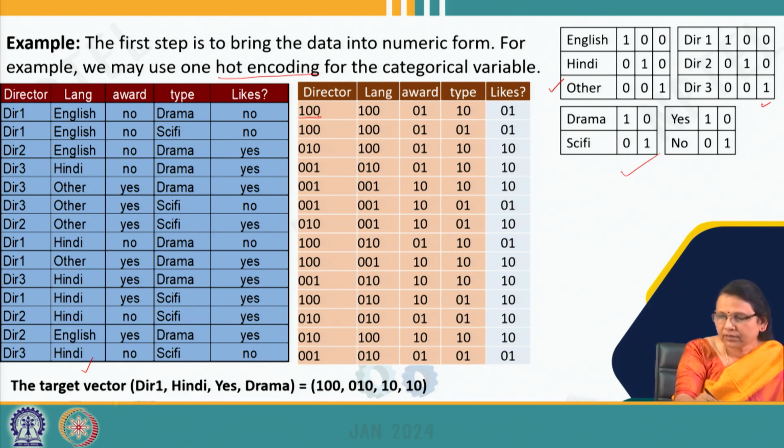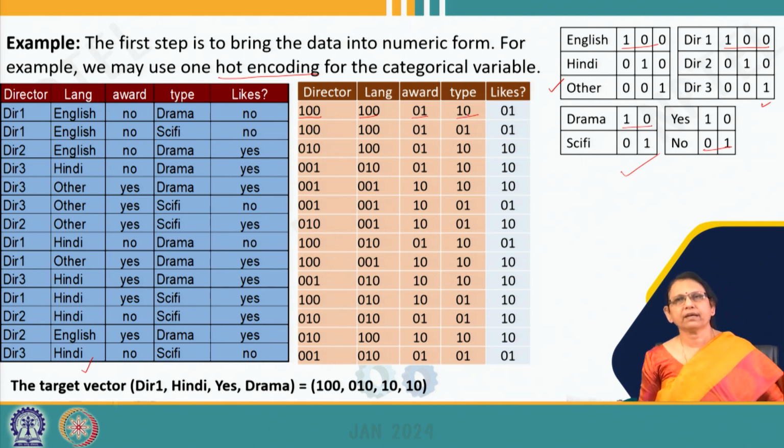Director 1, language is English, so language is 100, award no, so no was 01, and type was drama, and for drama we had 10. We made an encoding of this qualitative value which was basically in nominal scale.